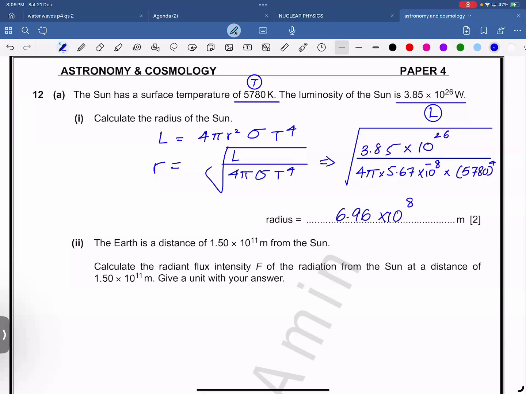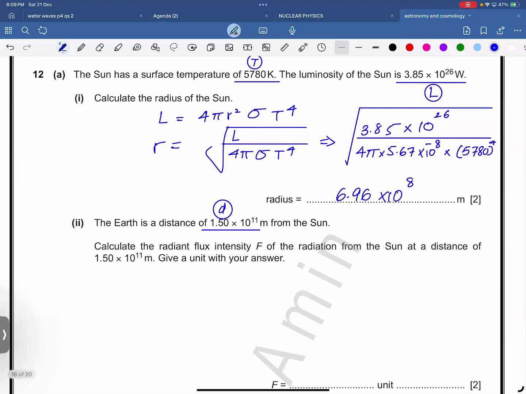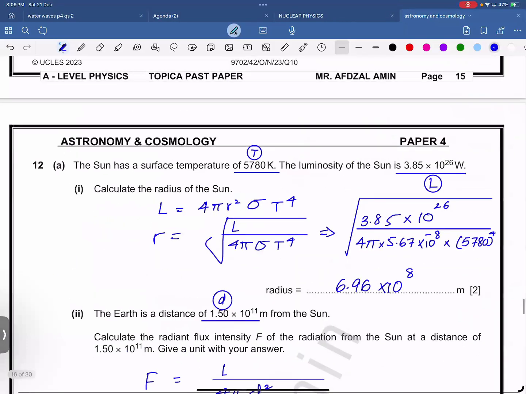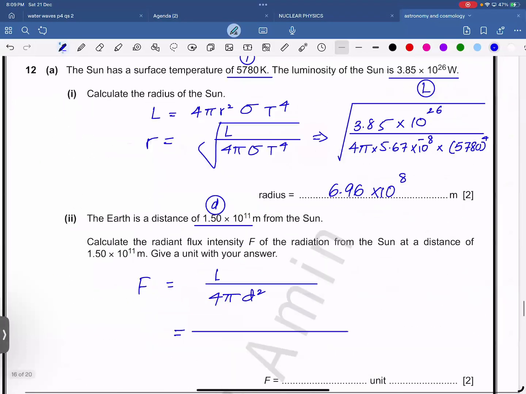The Earth is at a distance of 1 point this from the Sun, D. Calculate the radiant flux intensity F at the distance of this. F is equal to L over 4 pi D square. This is easy. Can you just substitute? L was how much? 3.85 times 10 to the power 26.